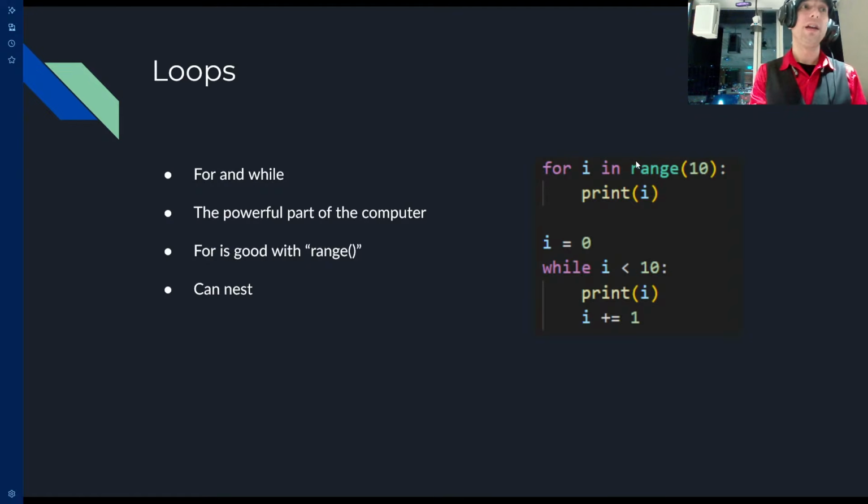For is for each item in some set of items. Now it doesn't have to be a set specifically, but for each item in a collection of items. There's a range function, which I'm going to explain. When you want to do something a fixed number of times, you can just do for i in range and then the number of times.